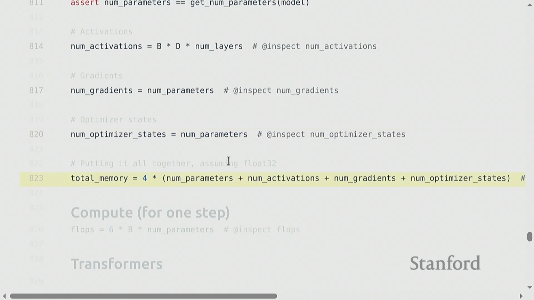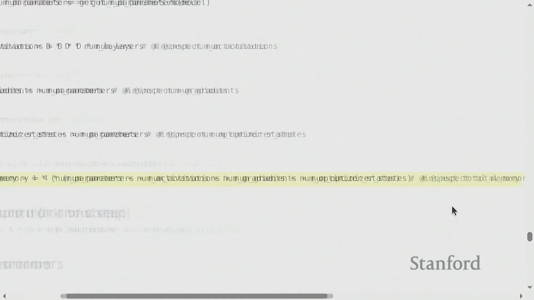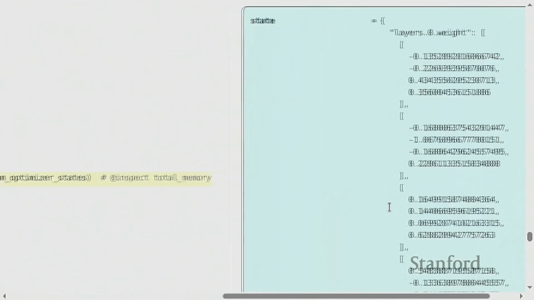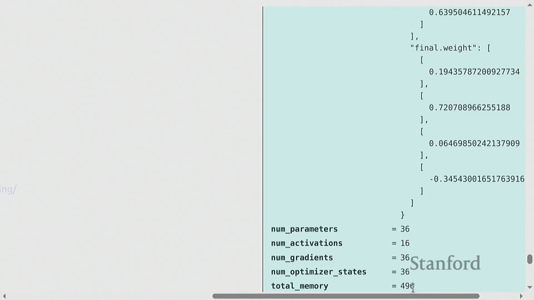So putting it all together, the total memory, assuming FP32, which means 4 bytes, is 4 times the number of parameters, activations, gradients, and optimizer states. And that gives us some number, which is 496 here.